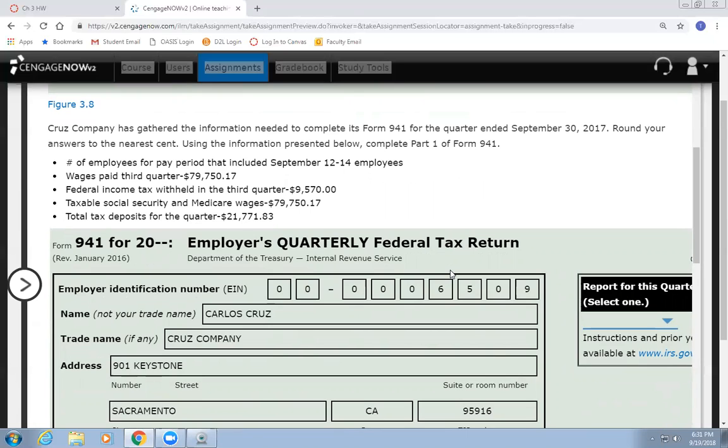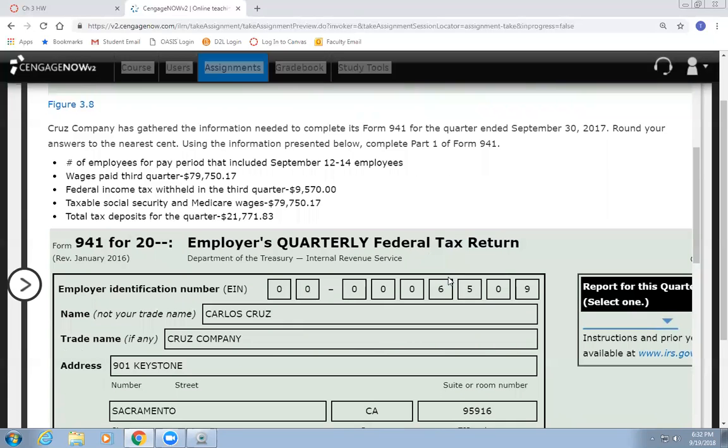The IRS, of course, wants their money right away, even though if you've ever had a hiccup getting back your return, they're not so quick on the return sometimes. Good old government, right? But anyway, how frequently we send in taxes depends on how big our company is. So this company is big enough that they send in quarterly taxes.